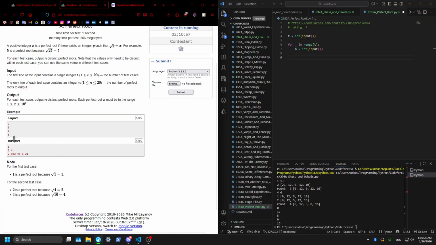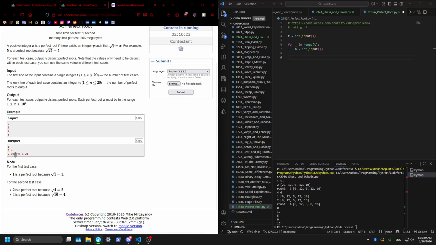N is the number of perfect roots to output, so we have to output 5 perfect roots here, 2 perfect roots here, 1 perfect root here. Output n distinct perfect roots. Distinct. What do you mean distinct? Values only need to be distinct within each test case. You can use the same values for different test cases, yeah?